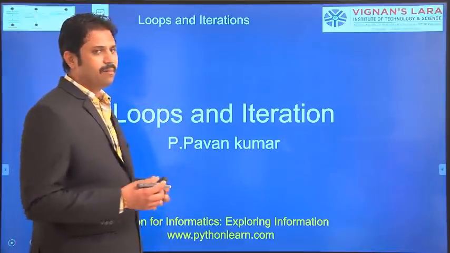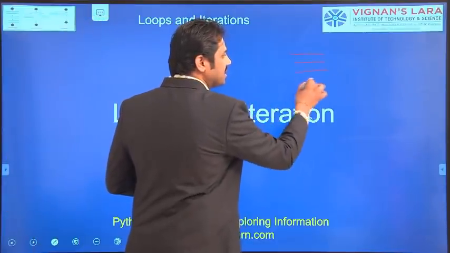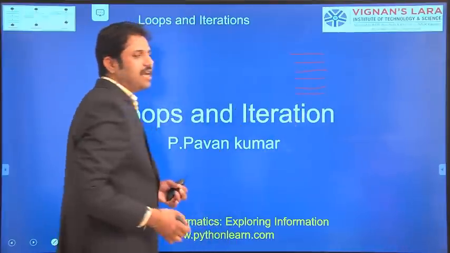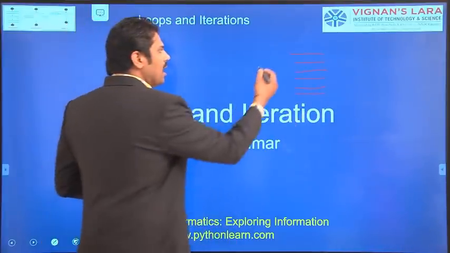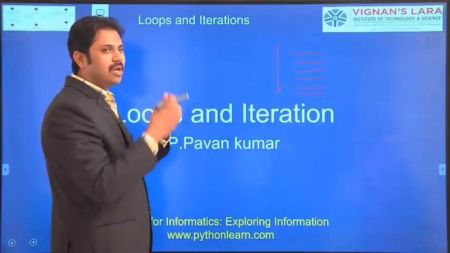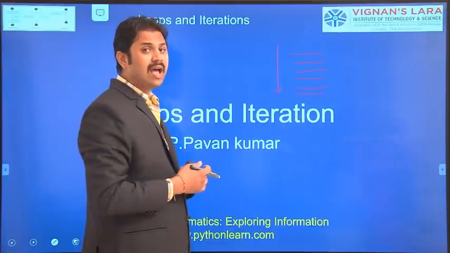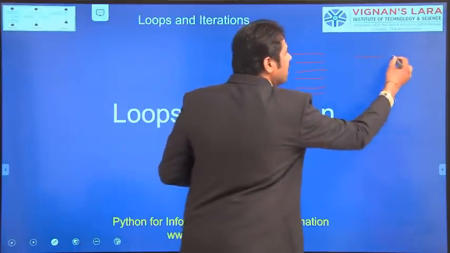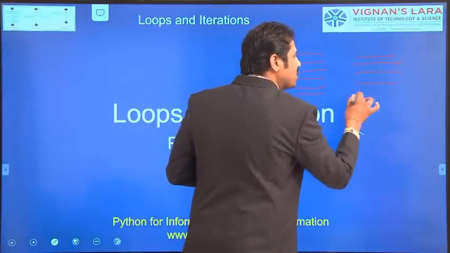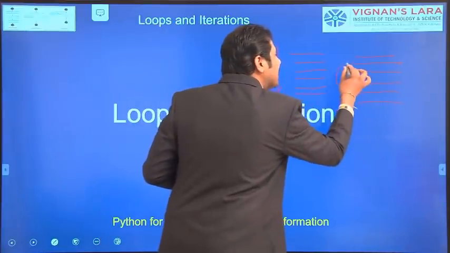For example, last class we saw that if there is a sequence of statements, they are executed from top to bottom sequentially: first statement, then second, then third, fourth, like that. In some cases statements run in sequential mode, but in other cases you need iteration.